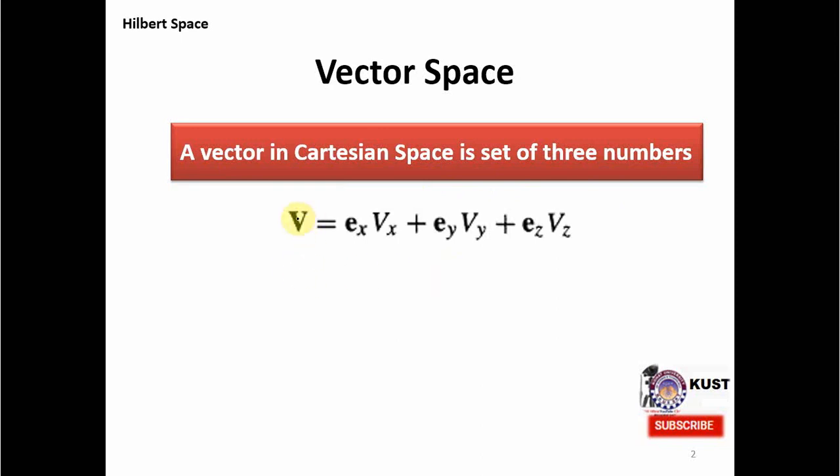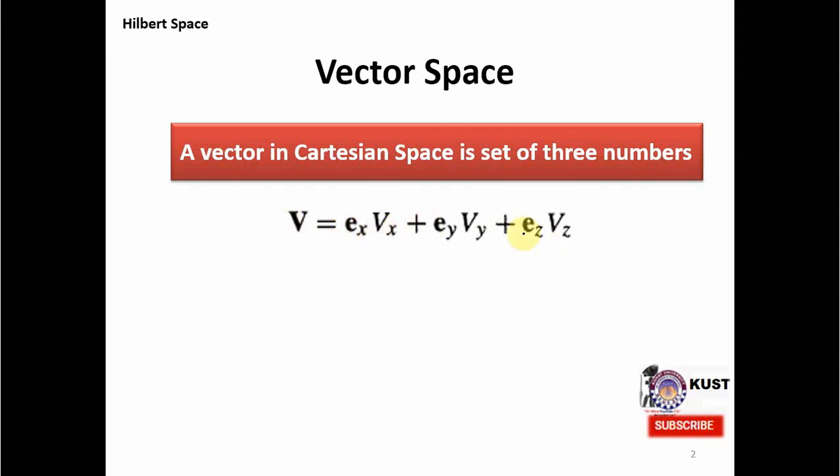So imagine this vector v, which is a member of some vector space. It is expanded into three components, where ex, ey, and ez are the unit vectors, and vx, vy, and vz are the coefficients or contributions of this vector v along these axes.